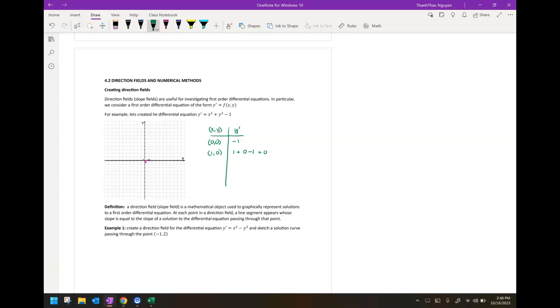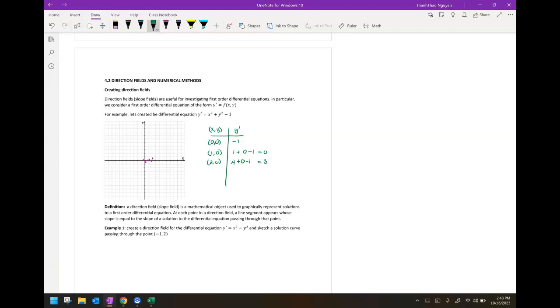Let's see what happened at 2, 0. We have 4 plus 0 minus 1, that equals 3. So now the slope is positive 3. So we try our best to draw the slope.